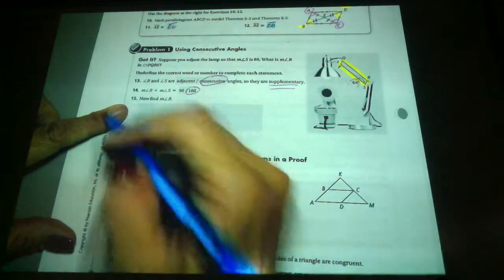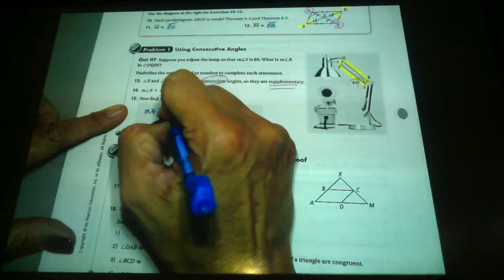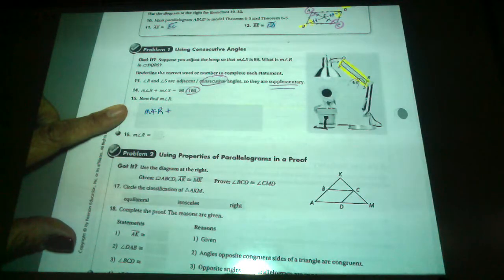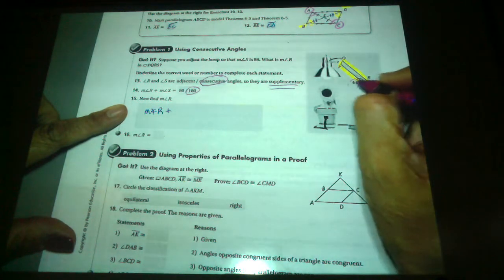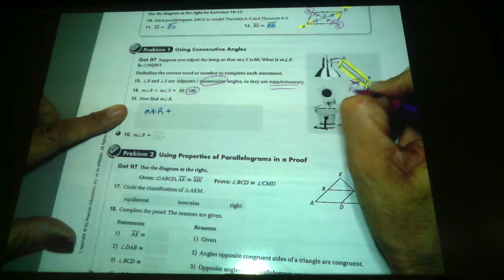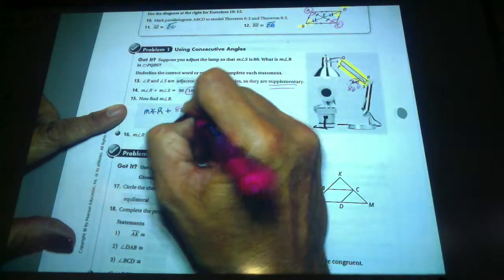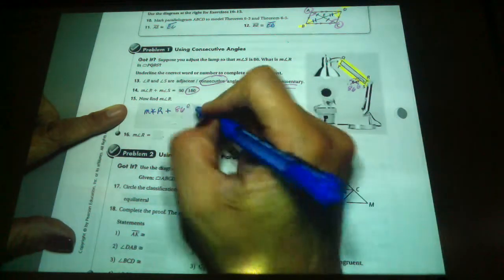Now find the measure of angle R. So we've got the measure of angle R plus, we're going to change this. I'm going to change that to 86. My assumption is that that was supposed to be 86 degrees and it's not on the outside. And so we're going to put 86 degrees here in place of S, and that equals 180.